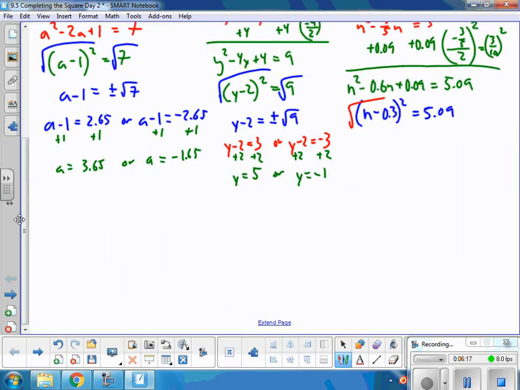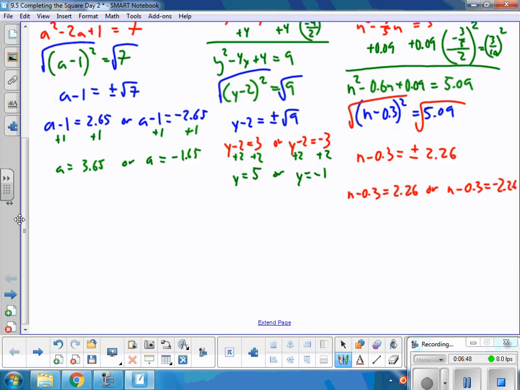All right, let's do some square rooting. n minus 0.3 equals plus or minus the square root of 5.09, which is 2.26. So the two equations I'm working with are n minus 0.3 equals 2.26, or n minus 0.3 equals negative 2.26.